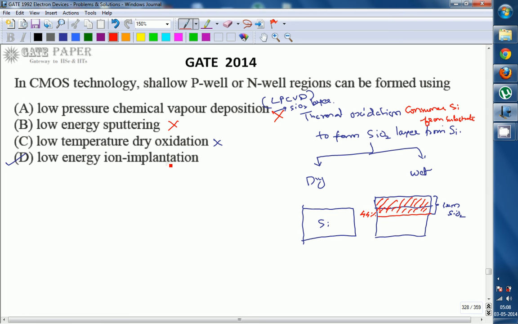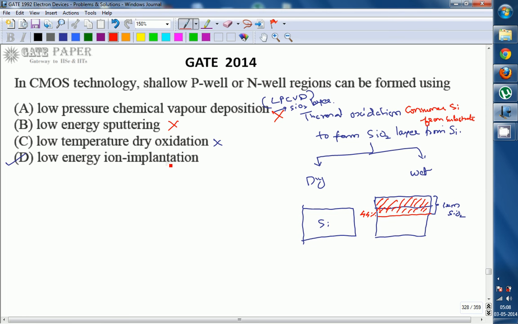Ion implantation is a useful alternative to the diffusion process. Both ion implantation and diffusion are used to introduce dopants into specific areas so that N regions as well as P regions can be formed. These may be N plus source or drain or P plus source or drain, otherwise N-well or P-well regions.